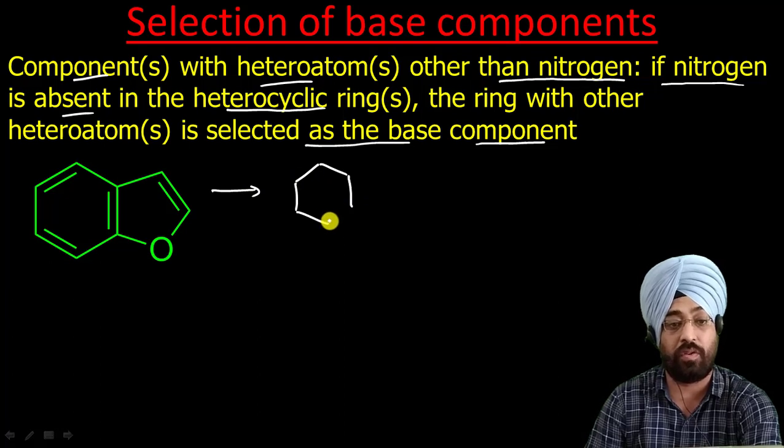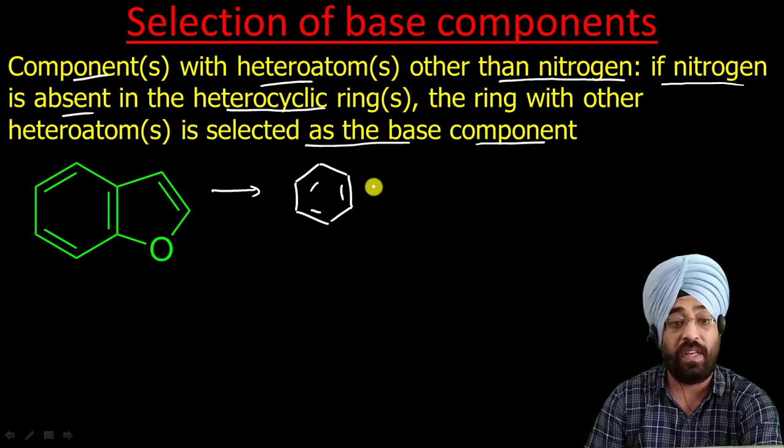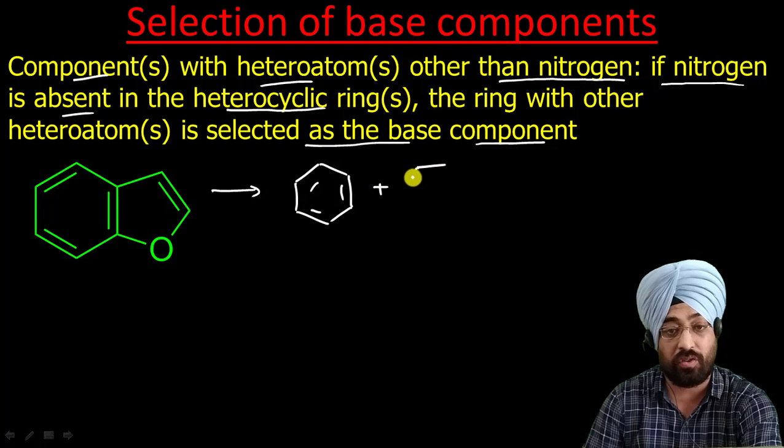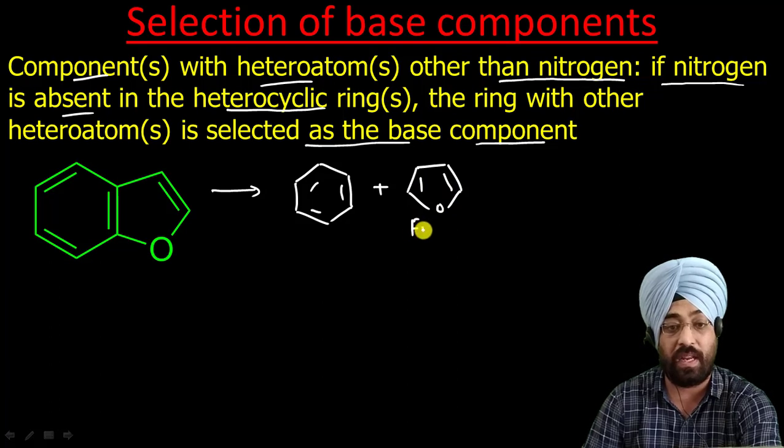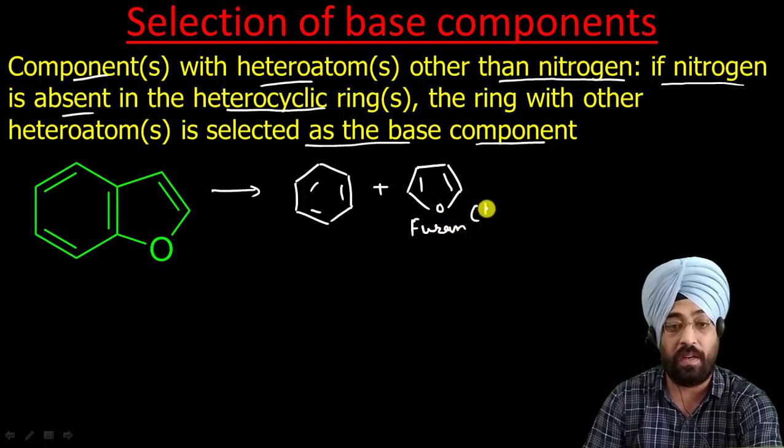You can remember this rule as it is very simple. We have to choose the heterocyclic component as the base component. So this is furan, and this will be our base component. This is benzene, our attached component.